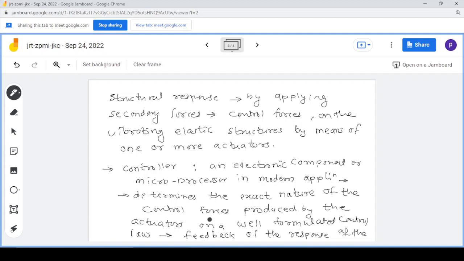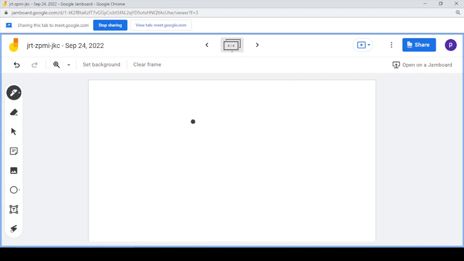And it does this by utilizing the feedback of the response of the structure measured by one or more sensors. Now, where do we place these sensors?